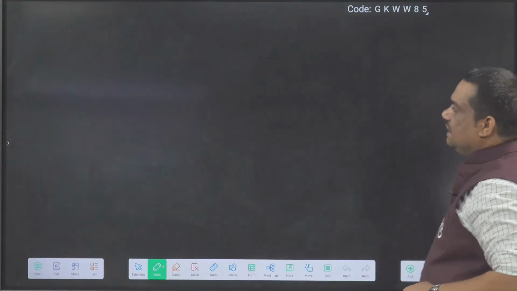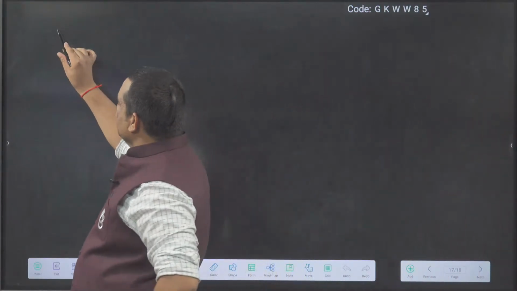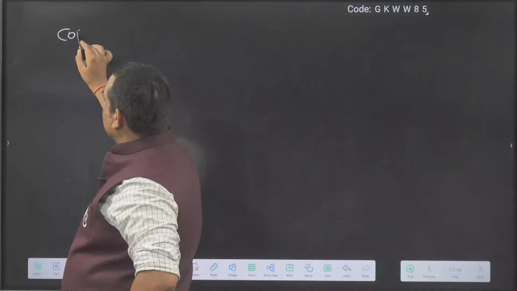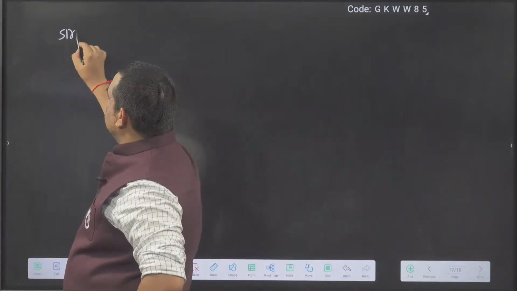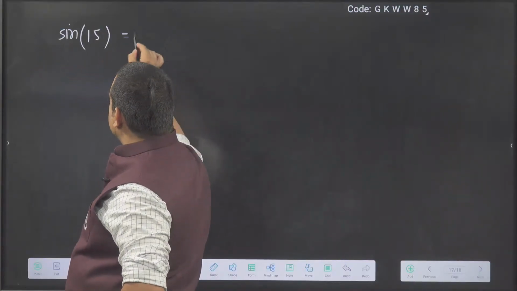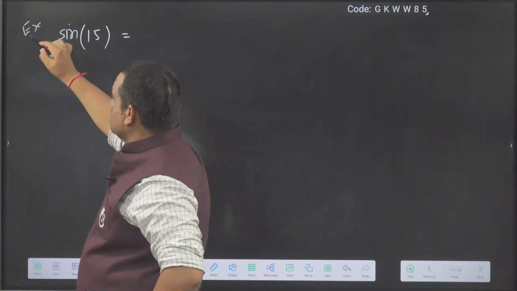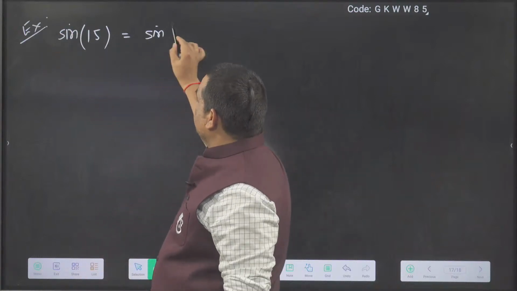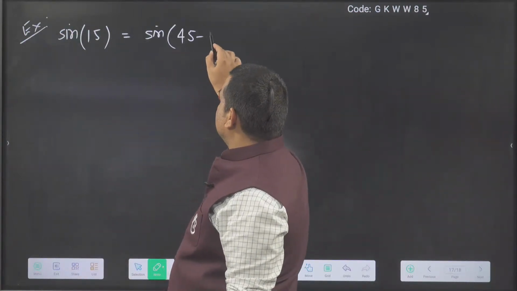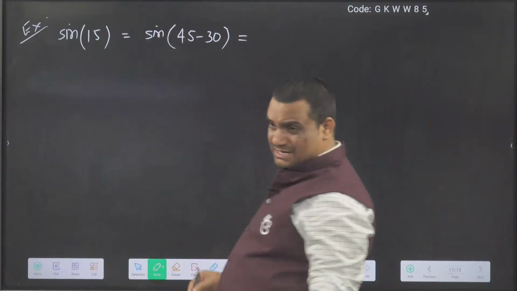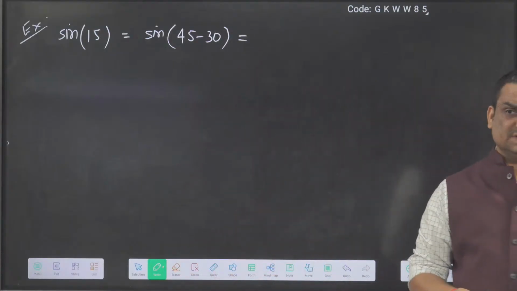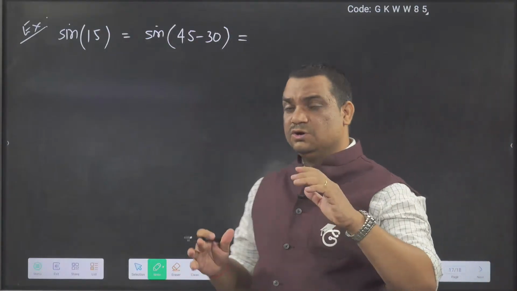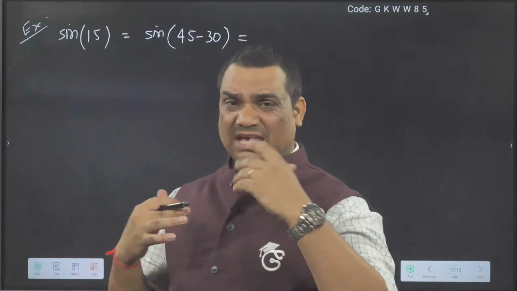Now suppose I am asking for sine 15. We can write sine 15 as sine 45 minus 30, and again use a similar way. I am not saying that you have to mug up sine 15 or sine 75.